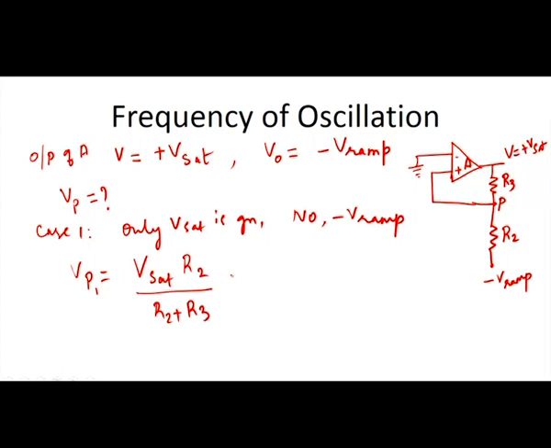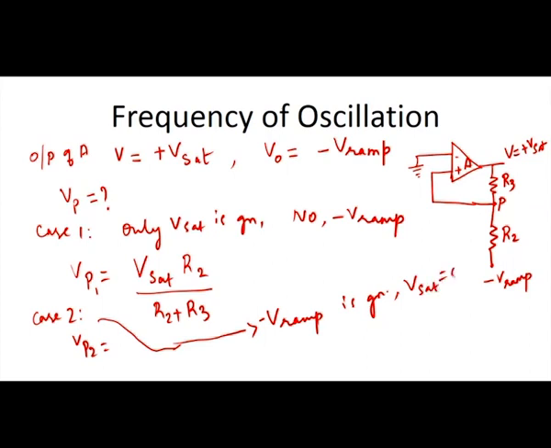And what is Vp2? That is case 2. How will you calculate it? For case 2, you have to consider that minus V ramp is given and V saturation is 0. So, the voltage across this R3 will be the voltage given to the positive terminal.